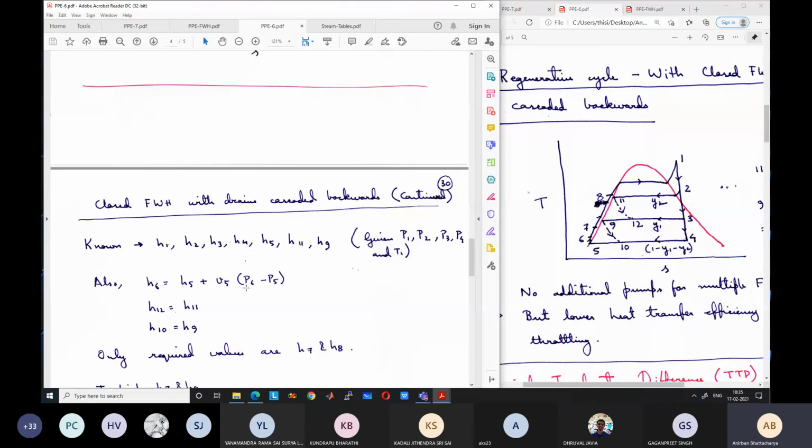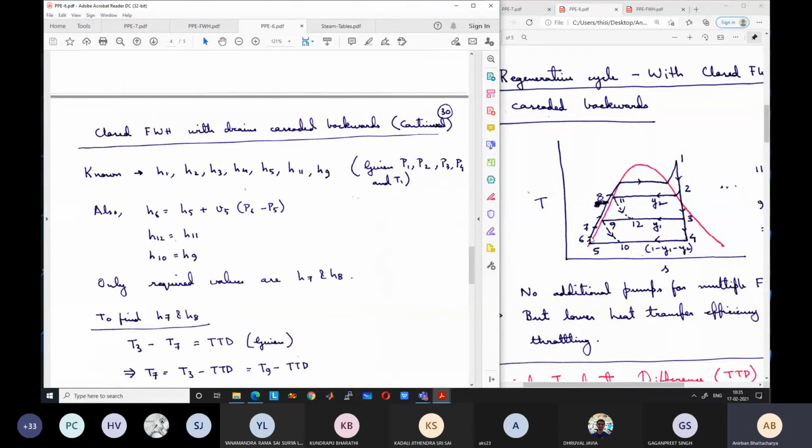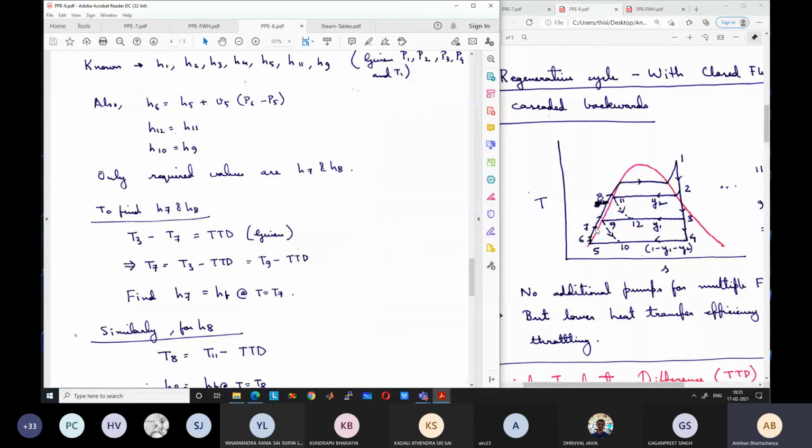Once H6 is found, how will we find the temperature at 7? There is no direct way to find the temperature at 7. So the TTD needs to be given or decided by the engineer. Say the TTD is 5 degrees centigrade.